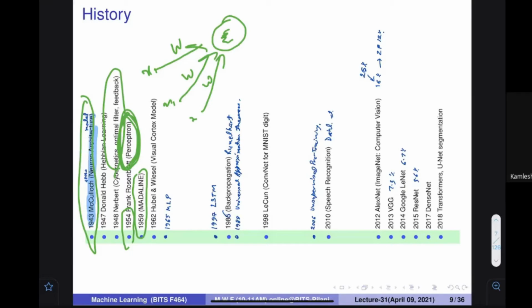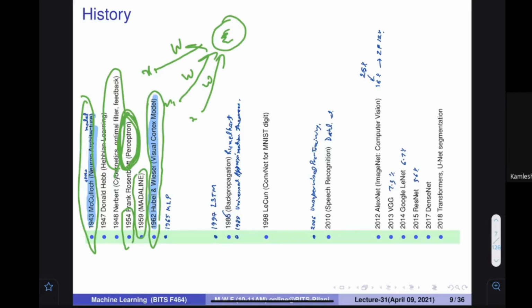There was a very important experiment that Hubel and Wiesel conducted. They wanted to find out how our visual cortex works, and they introduced electrodes into the brain of a cat and tried to find out when it gets fired.